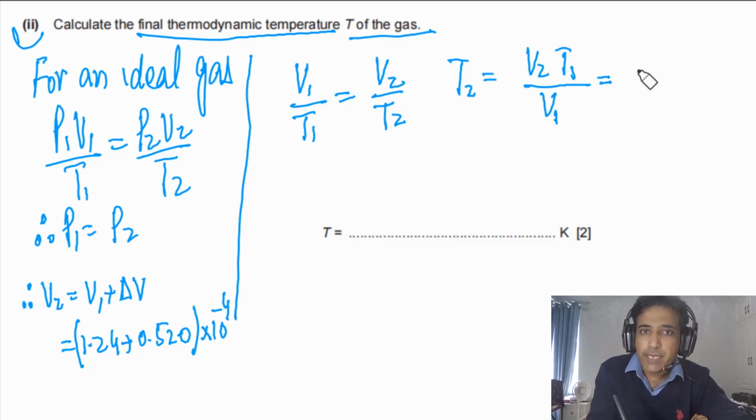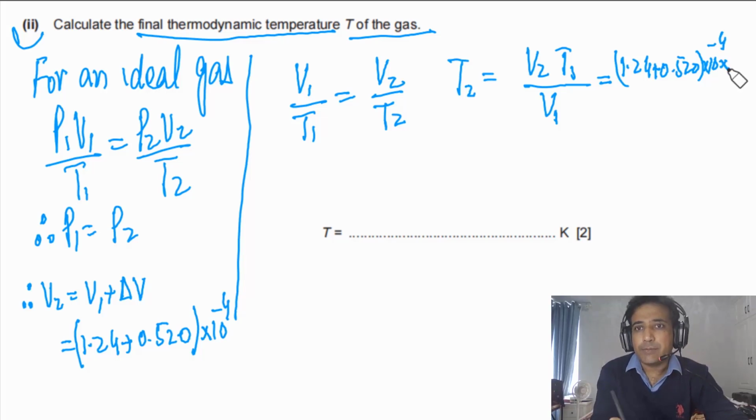So it simply means that V2 we have, that is equal to 1.24 plus 0.520, and this is multiplied by 10 to minus 4, and here we have value of T1.